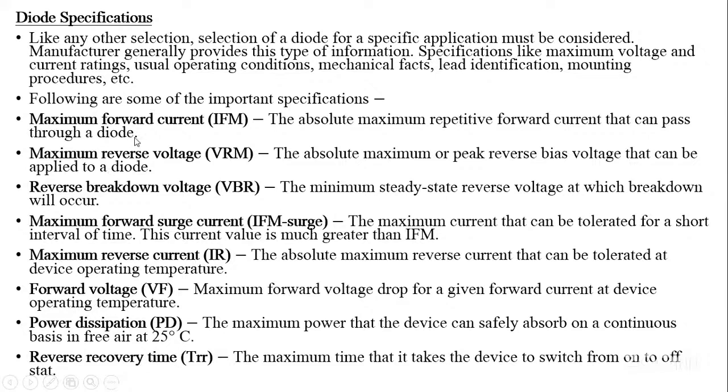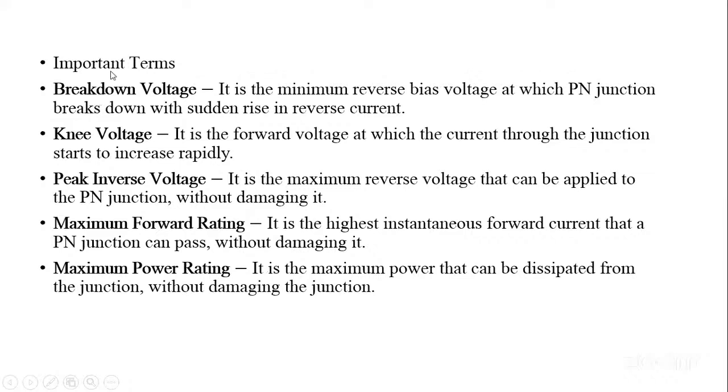These are some specifications of a diode. They are all properly defined here. And some important terms: breakdown voltage. It is the minimum reverse voltage at which the PN junction breaks down with a sudden rise in reverse current.